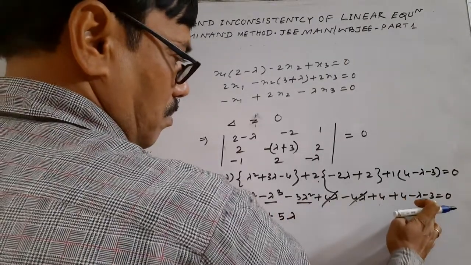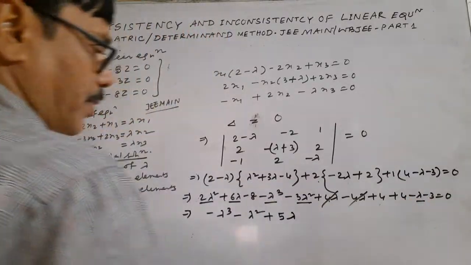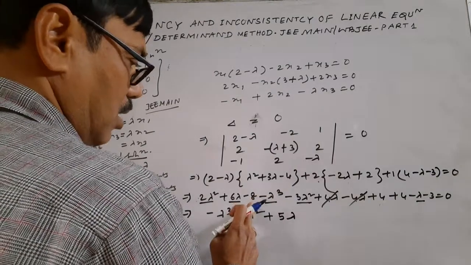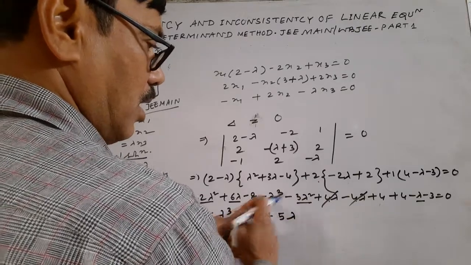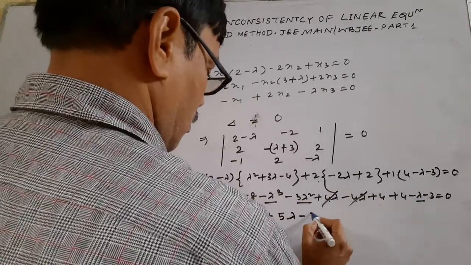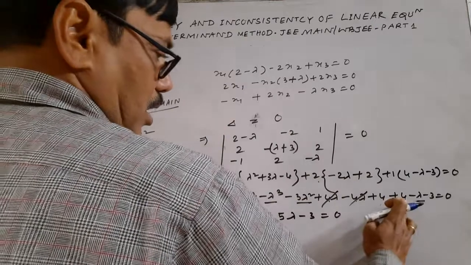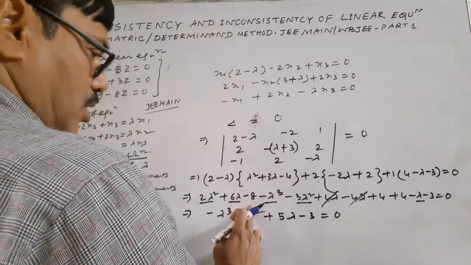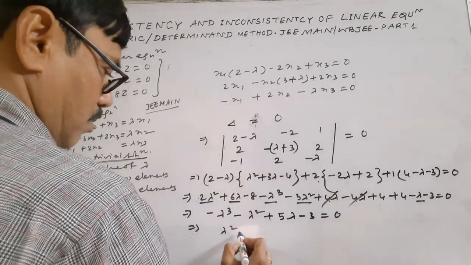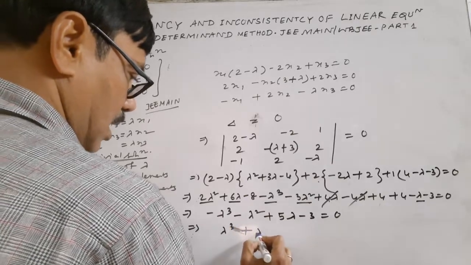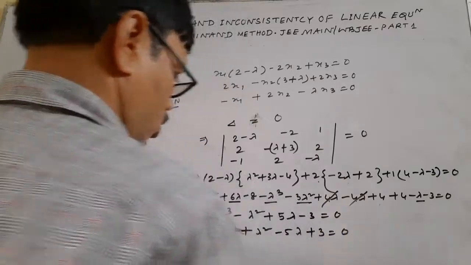Now minus 8 and this is plus 8, cancel out. Minus 3 equals to 0. So finally lambda cube plus lambda square minus 5 lambda plus 3 equals to 0.